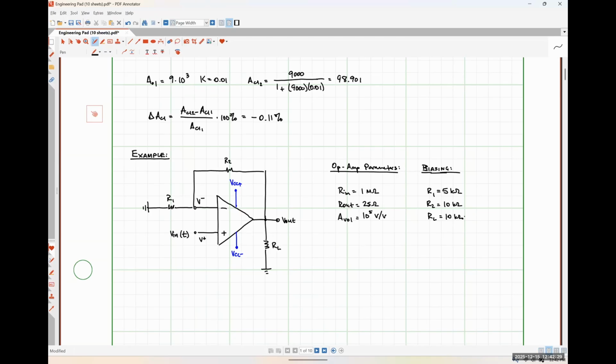And what I want us to do is find the following quantities. We're going to find our closed loop voltage gain, AVCL.